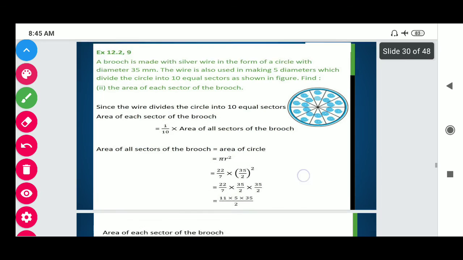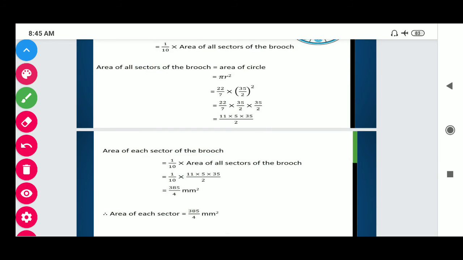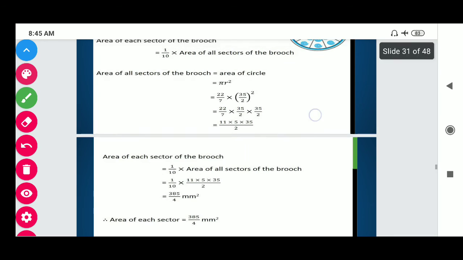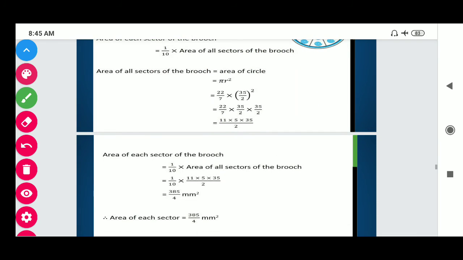By using these values, we get 22 over 7 into 35 over 2 whole squared. By calculating this, we get 11 into 5 into 35 over 2, which is the area of all sectors of the brooch. Now, the area of each sector is 1 over 10 because we are calculating the area of each sector, and the brooch is divided into 10 equal sectors.